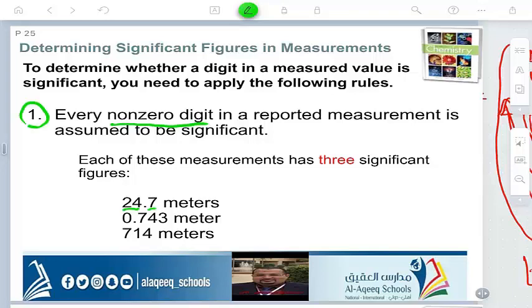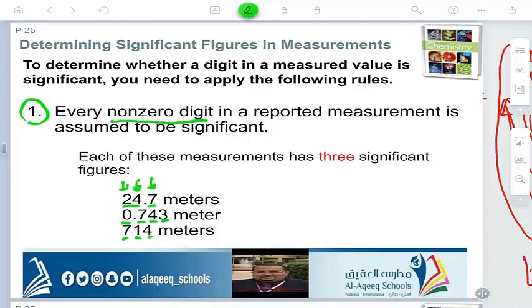So we have 3 significant figures here. What about here? We have 3 as well: 1, 2, 3. What about this 0? It's a 0 on the left-hand side. We cannot count it as a digit. Look, 1, 2, 3 here as well, so it's 3 significant figures as well.